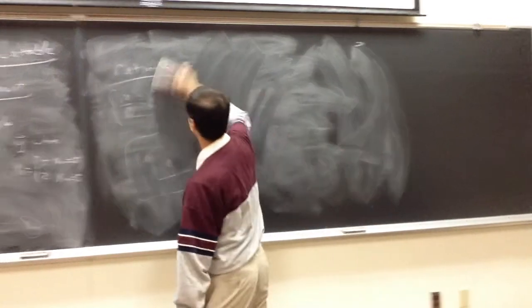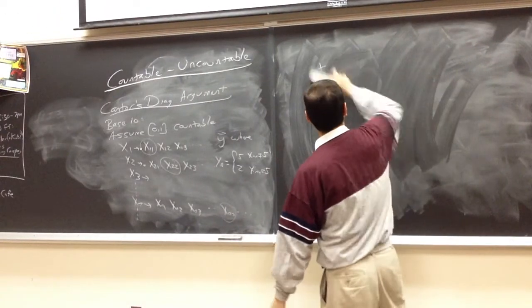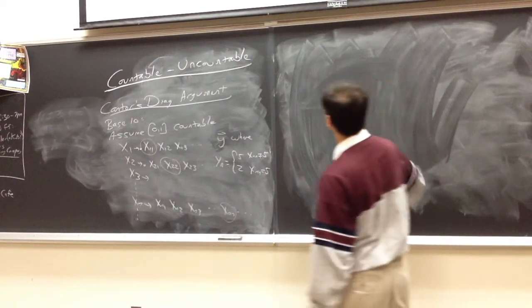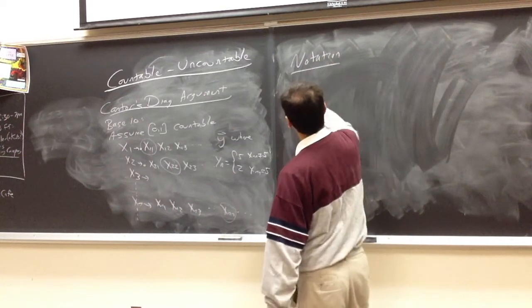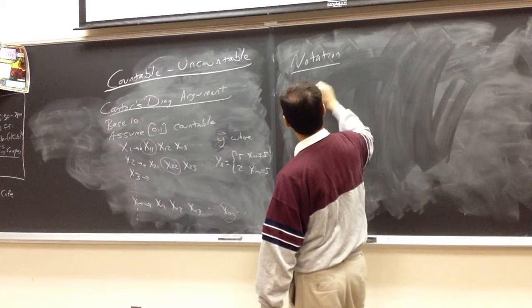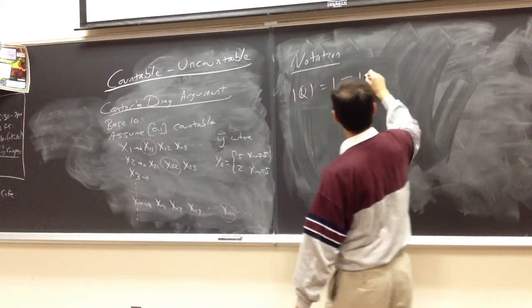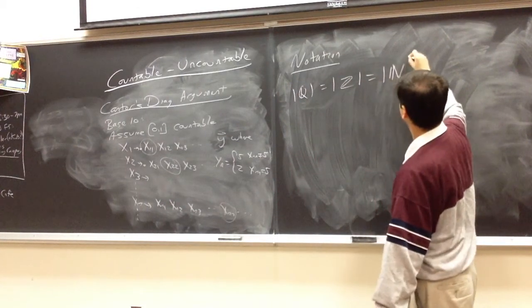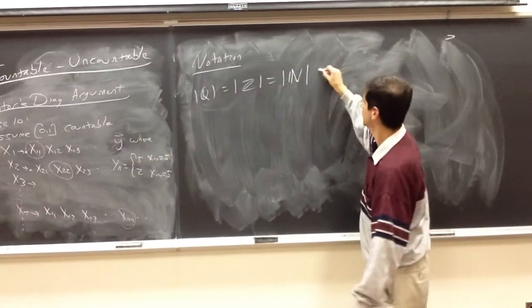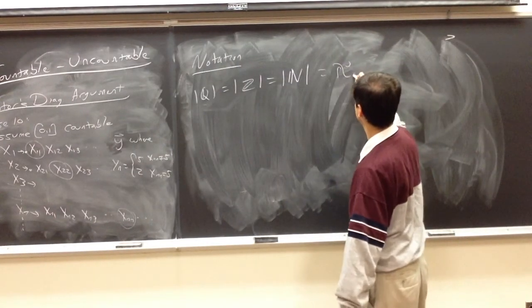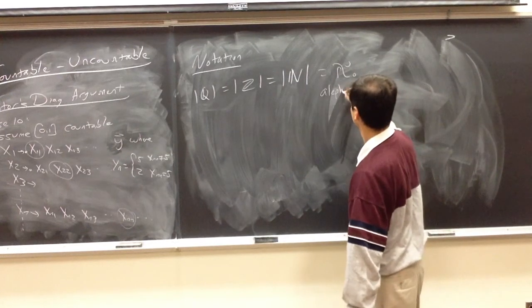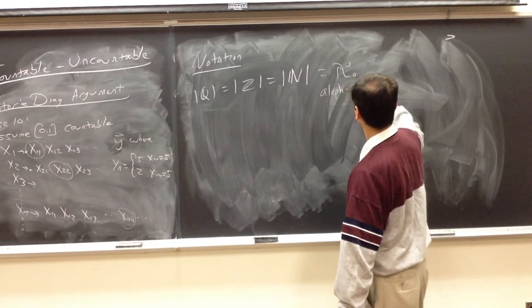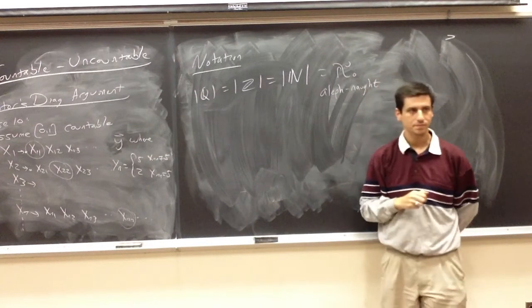So I need some notation. The rational numbers, the integers, the natural numbers, they all have the same cardinality. And we use Hebrew letters. That's an aleph naught.